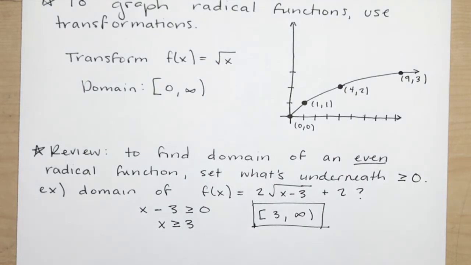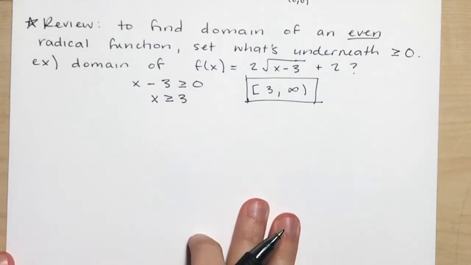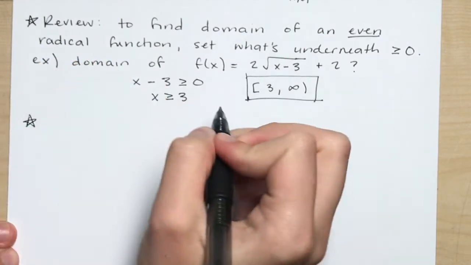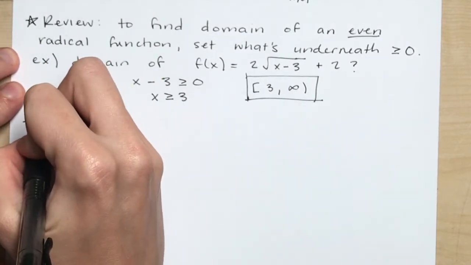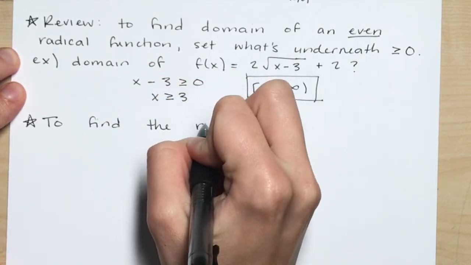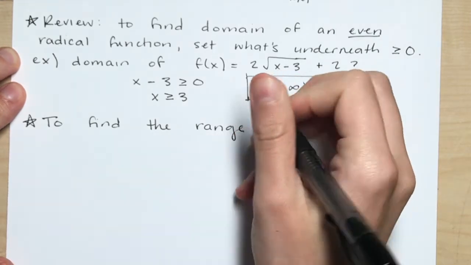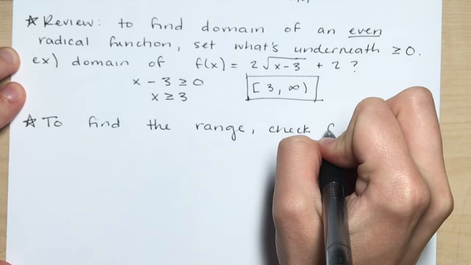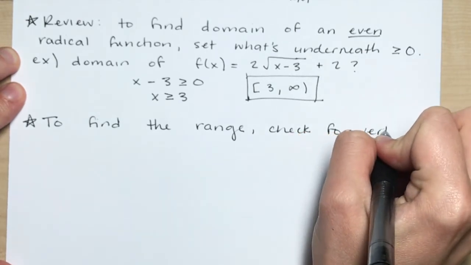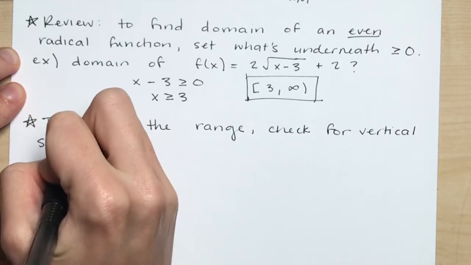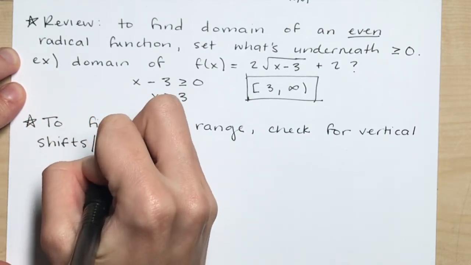So now this brings up another question that we need to know how to answer with radical functions. How do we find the range? To find the range, we need to check for vertical shifts or flips.